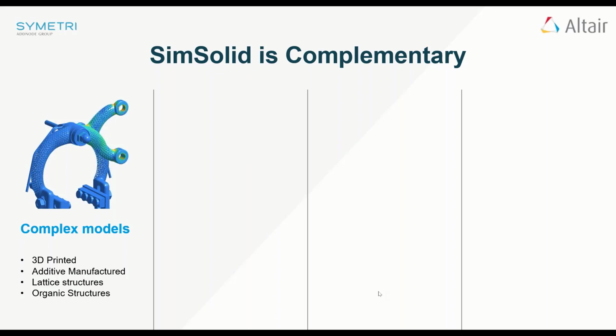If you're involved in 3D printing, obviously the future is towards that: lattice structures, organic structures. Generative design is the other one you may be familiar with in the Autodesk portfolio. If parts have been generated with generative design, SimSolid can handle that.